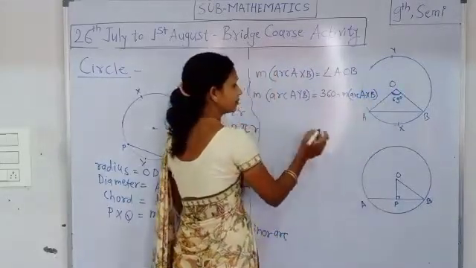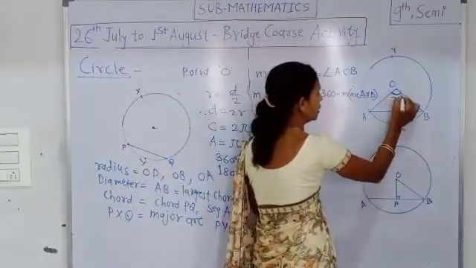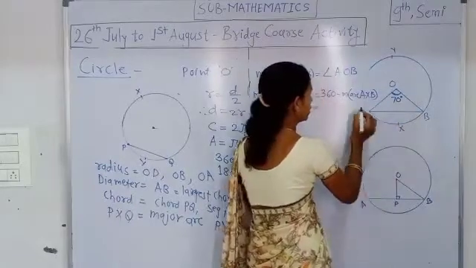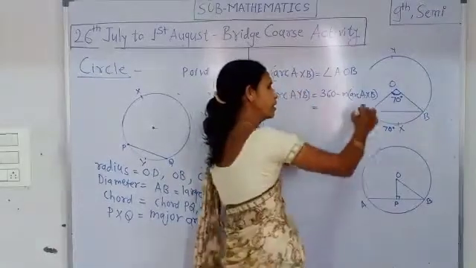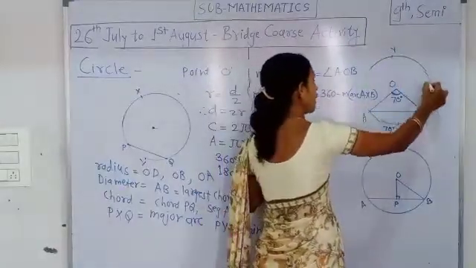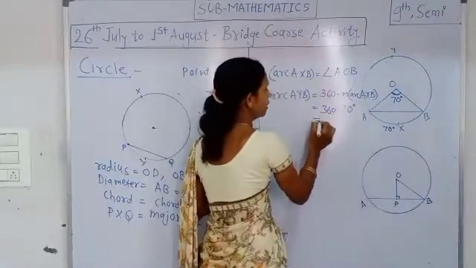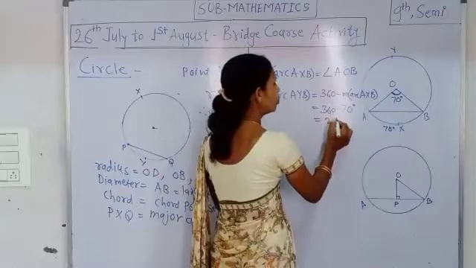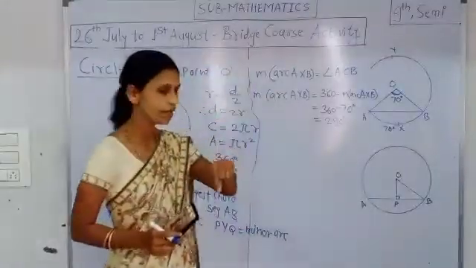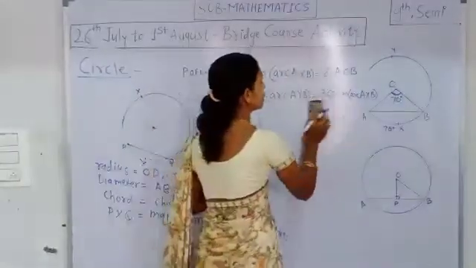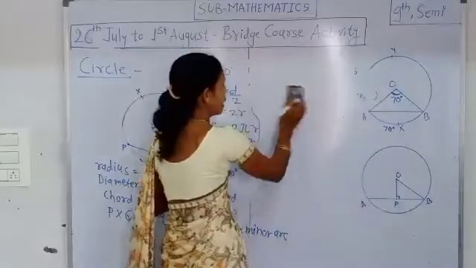That means if that central angle is 70 degree, then AXB is also 70 degree. Then the measure of AYB is 360 minus 70 degree, therefore it is 290 degree. The measure of a major arc is 360 minus the measurement of the minor arc.